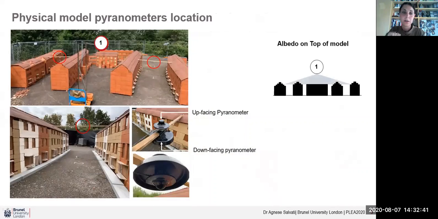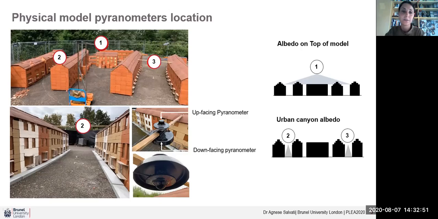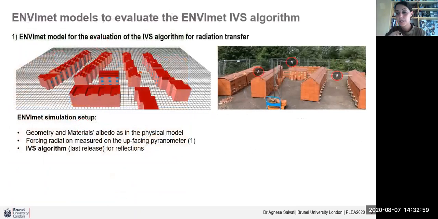The physical model is equipped with pyranometers measuring the incoming and reflected radiation on the top of the model and at the eaves level of urban canyons, so as to measure the reflections within urban canyons. These measurements were used to assess the accuracy of ENVI-met calculation of reflections within urban canyons.